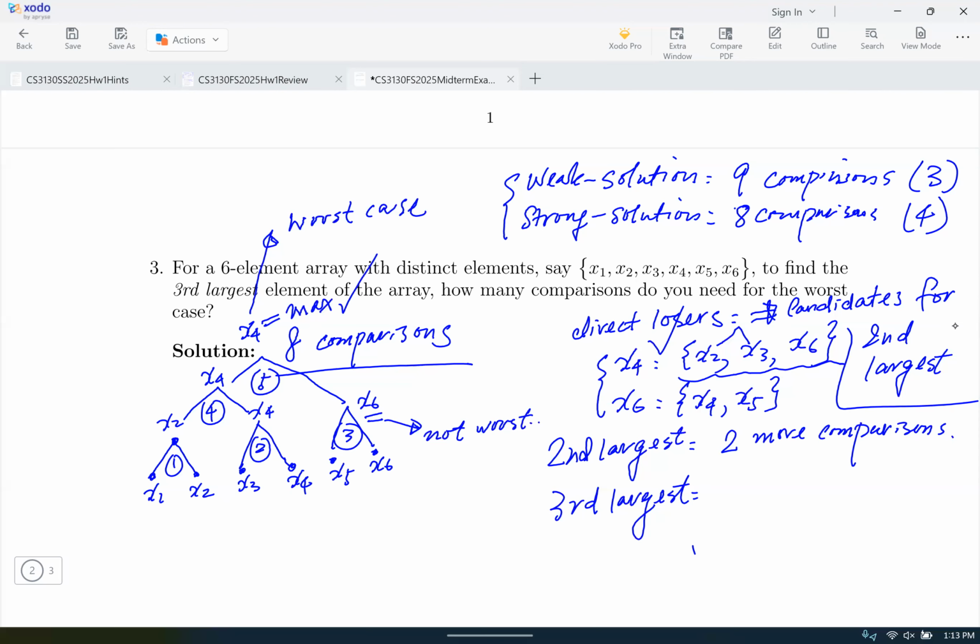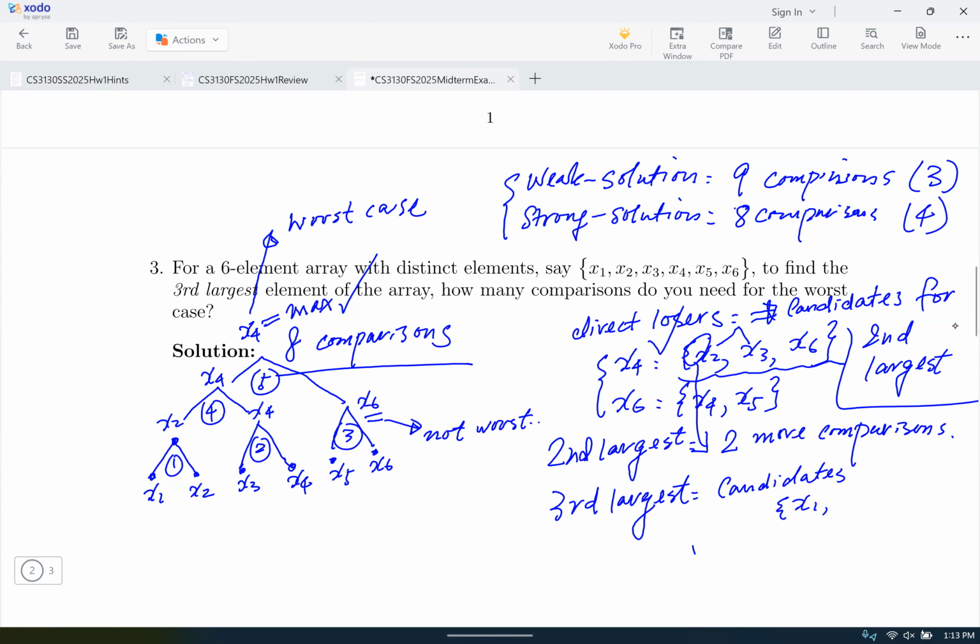X5 and X6. Because X6 beat another one, right? So only 2, a small number. But if you pick X2 or X3, let's say we pick X2 as the winner of the second round for the second largest, X2. If you pick X2, the candidates become: X1 is a candidate, right?